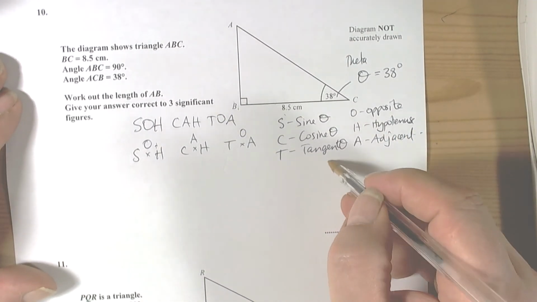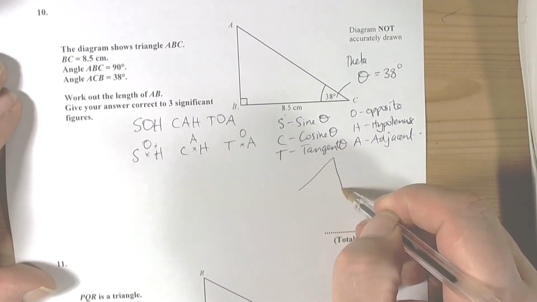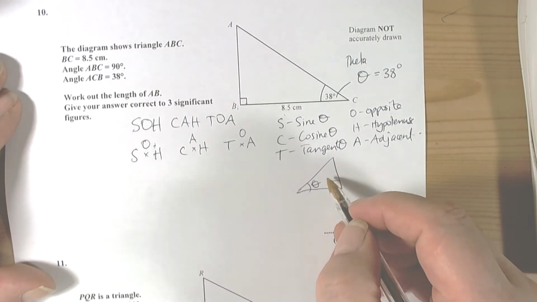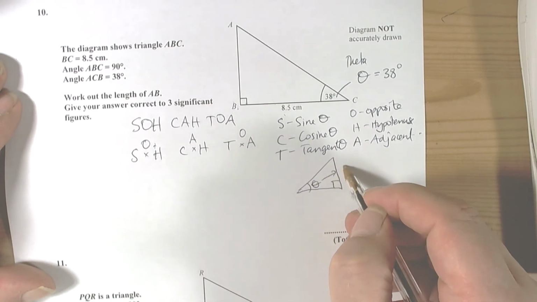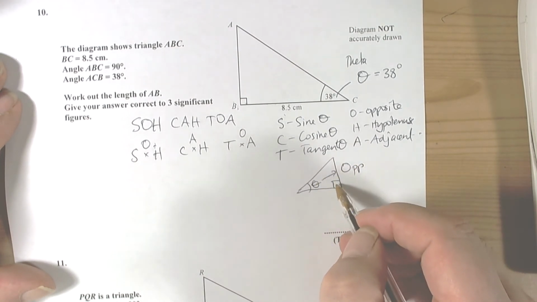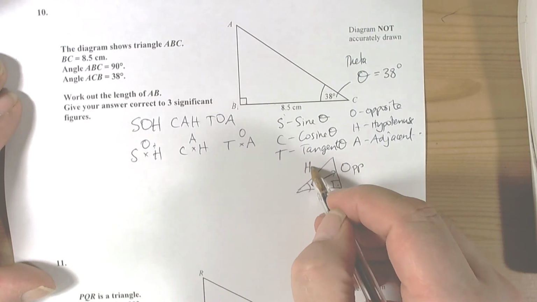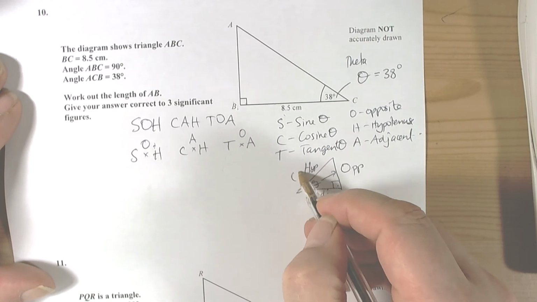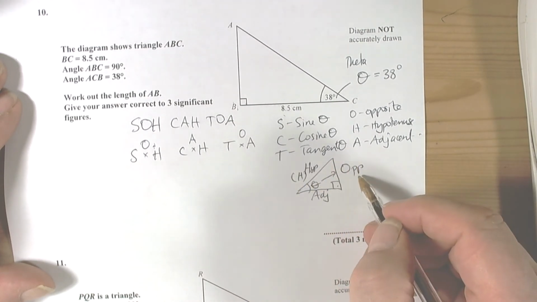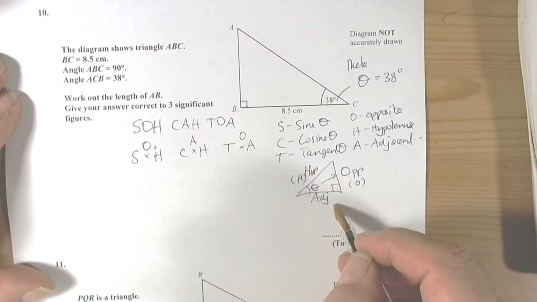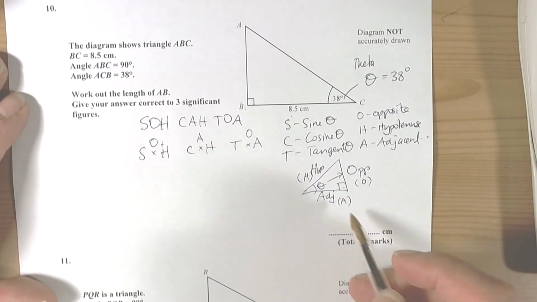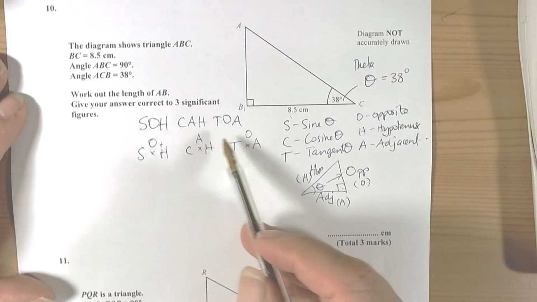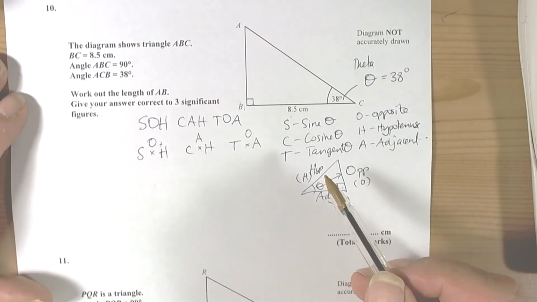What we've got to remember about the trigonometric ratios is that we have a right angle triangle with some angle theta, and theta's there, so this is known as the opposite length. The right angle's here, so this is the hypotenuse length, and the adjacent means next to. So we label up the hypotenuse as H, the opposite side as O, and the adjacent length as A. Once we've labelled our triangle up, we can decide which ratio will work for us, and then rearrange that ratio accordingly to get the answer needed.